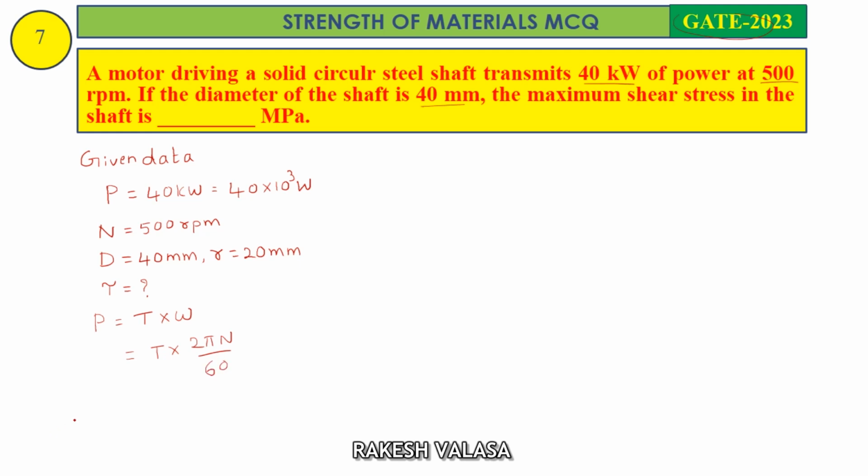So you can substitute the values here. Power is 40 kilowatts, 40 into 10 power 3 equal to torque into 2 pi n by 60, that is 2 pi into 500 rpm by 60. From this equation you can find the T value, that is 763.9 Newton meter.